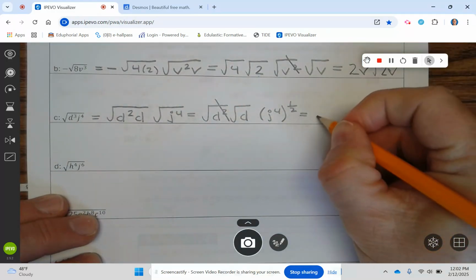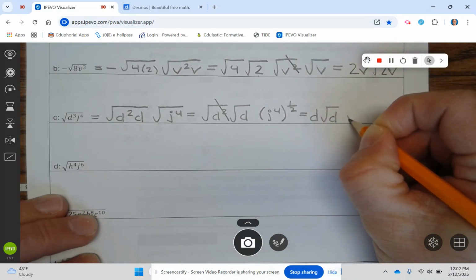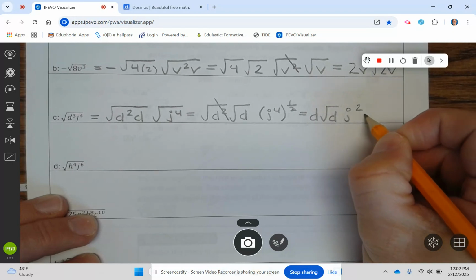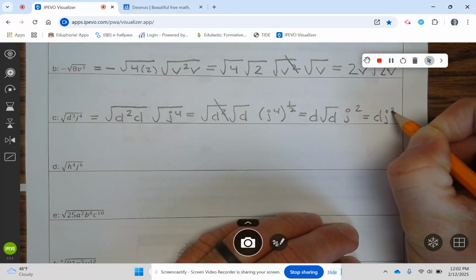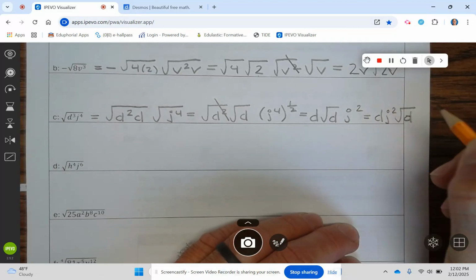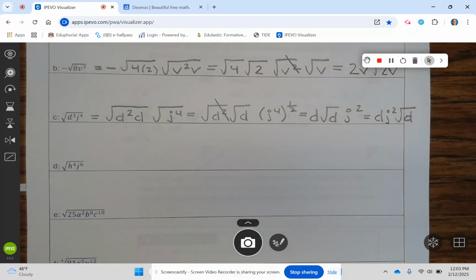Cancels, you get d times the square root of d times j. 4 times 1/2 is 2, which then I can rewrite this as d times j squared times the square root of d. Okay, go ahead and finish up C.